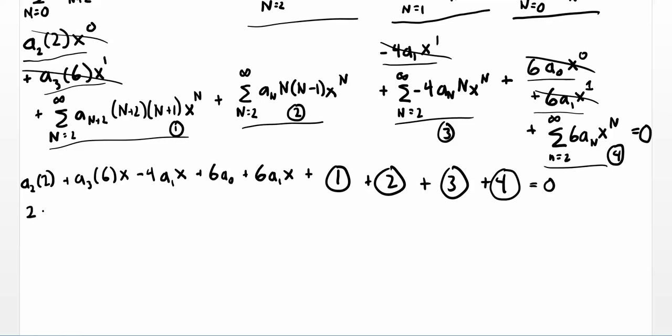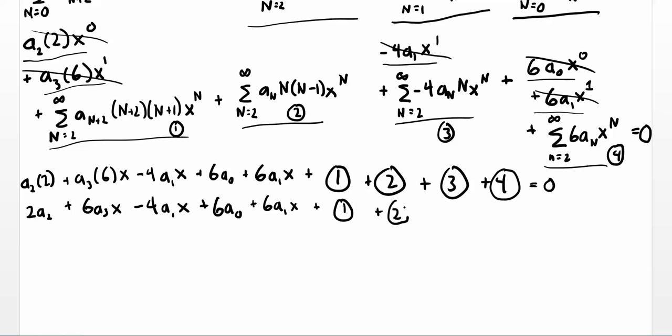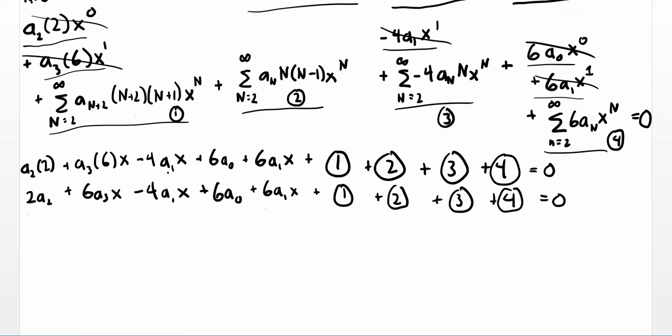So let's clean this first part up a bit. This is 2a2 plus 6a3x minus 4a1x plus 6a0 plus 6a1x. Okay, we'll factor out x from the terms that have x, and then we'll keep the constants together.